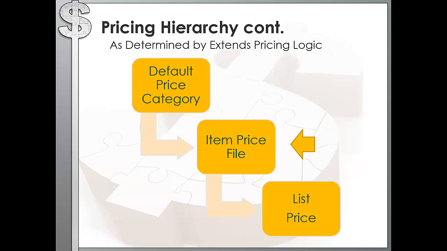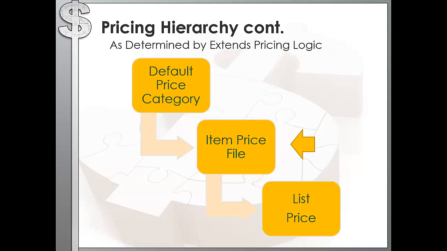Now, we've looked at the item pricing file before in some of the upper hierarchies stages, but this stage is unique because we're not going to go out and look for a customer relationship. What we're looking for here is if there is an item rule set up in the item pricing file that we could use to retrieve pricing. Now, a note, we could have multiple records in the item pricing file maintenance for one item. And what we're going to do is we're going to find the first one that meets our criteria, and we're going to use that record.